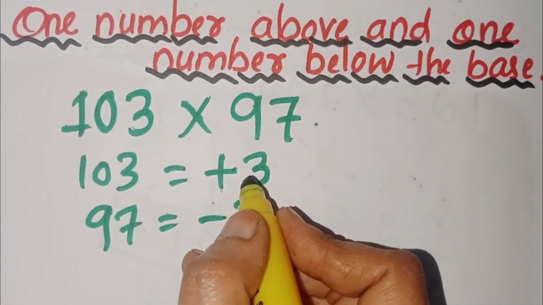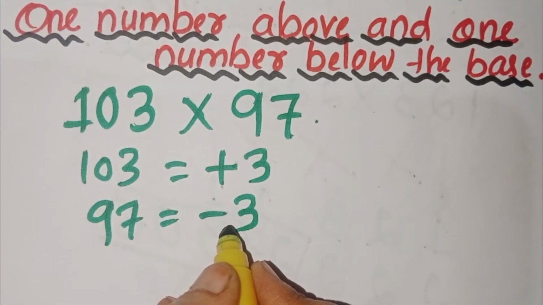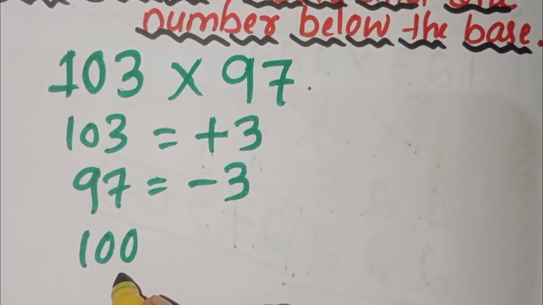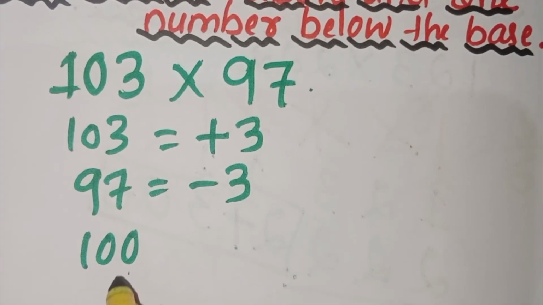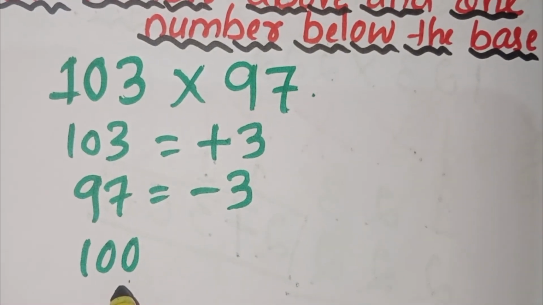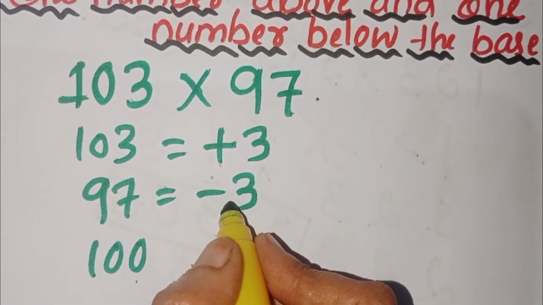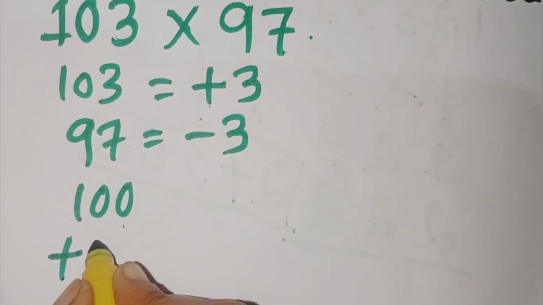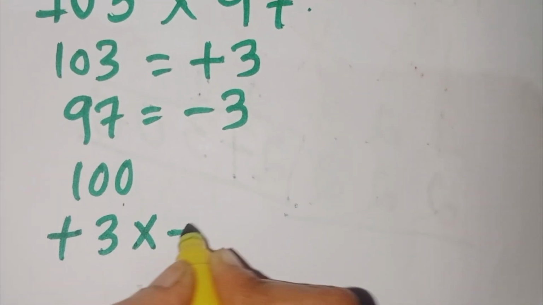Cross add and cross subtract. 103 minus 3, 100. 97 plus 3, 100. Write 100 as the left part. Plus 3 into minus 3.